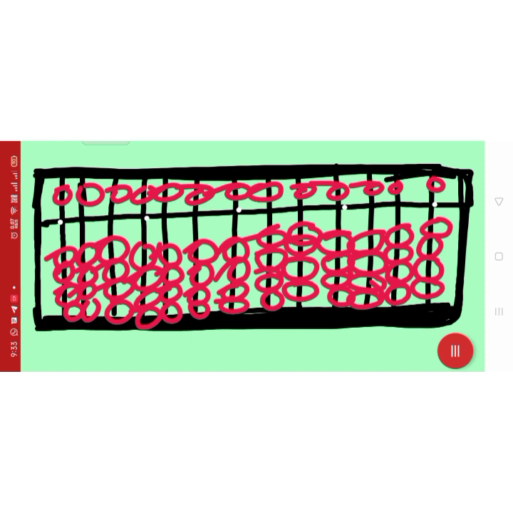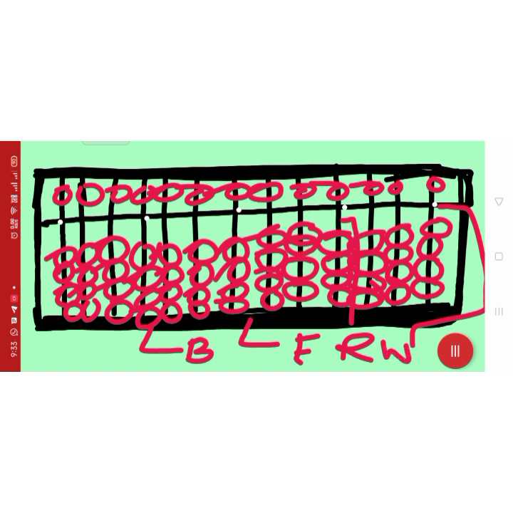Okay, so we have learned that this is called bead. We have learned that this black line is the frame. Then we have learned these are called rods. Then we have learned these white dots are called unit dot. I'll write here only unit dot, no need to write white.